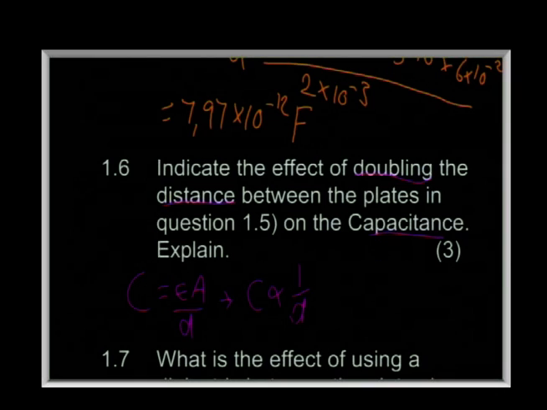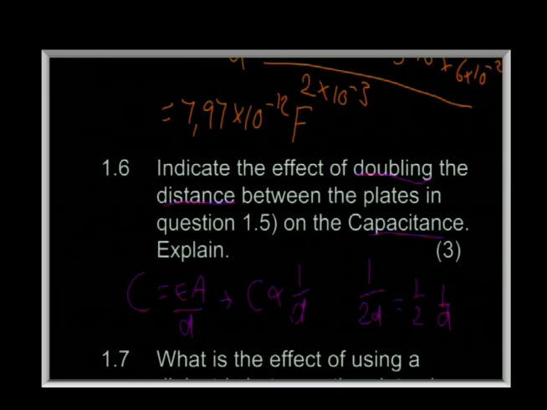So what happens if you double the distance? Double the distance, that means you multiply it by 2. So if I substitute into this formula and I say 1 over 2D, and I simplify that, that's equal to a half of 1 over D. Doesn't look a whole lot different. But 1 over D was directly related to C. So what I do to the one side of the proportionality, I must do to the other side.